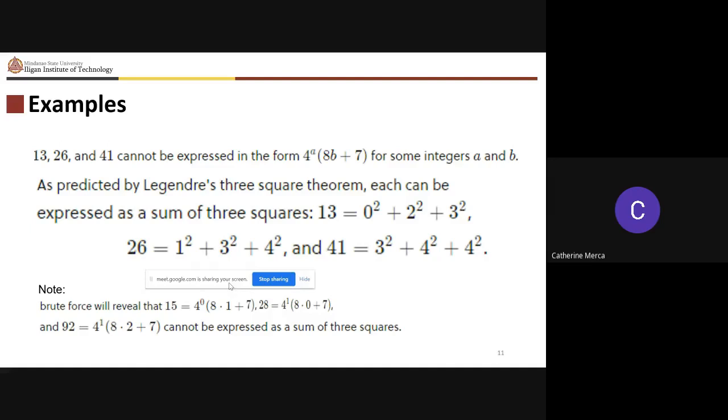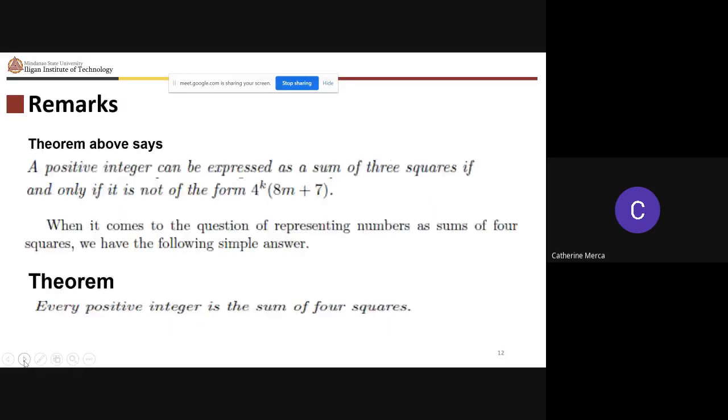Now, by brute force, 15, 28, and 92 cannot be expressed as a sum of three squares, kaya ma-express man siya as 4 to the a times 8b plus 7. I will leave this to you to read on, para ma-verify ninyo.